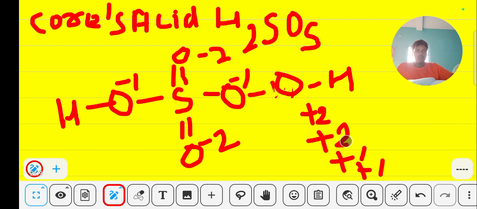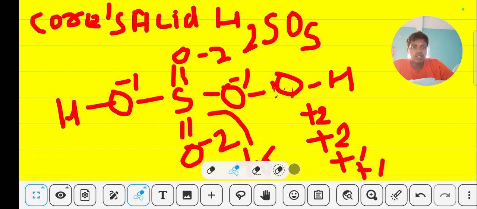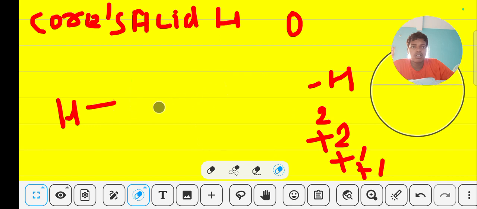So it will come 2, 4, 1, 5, plus 6. So it will come +6. Now let's calculate with the help of the normal method. Let's think which answer will come.